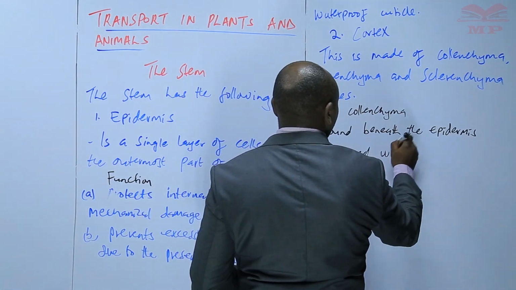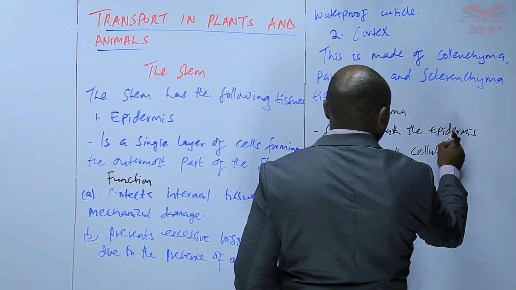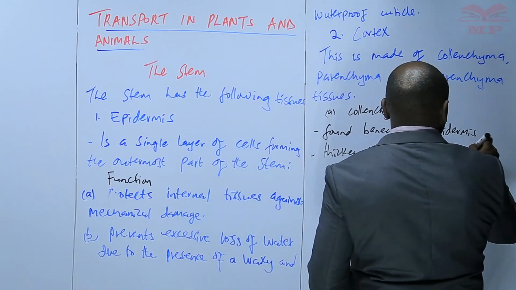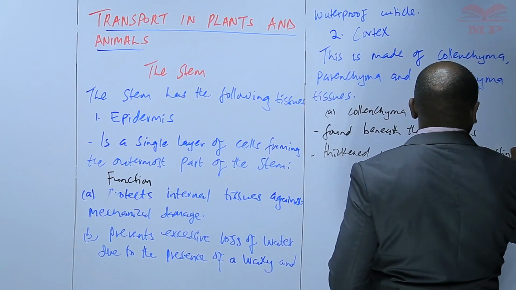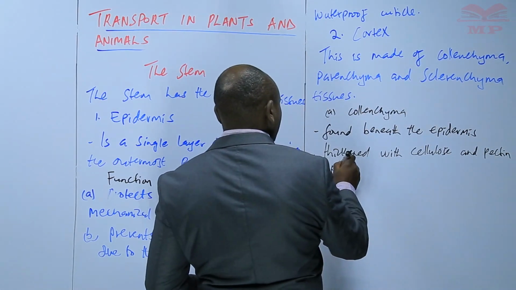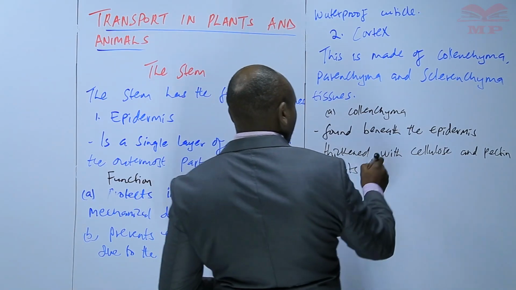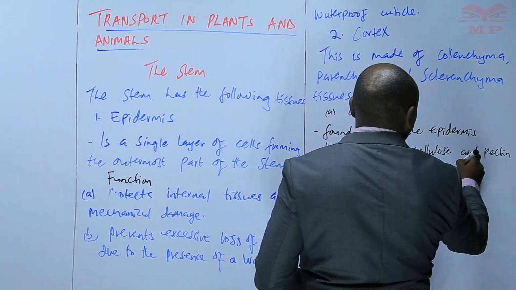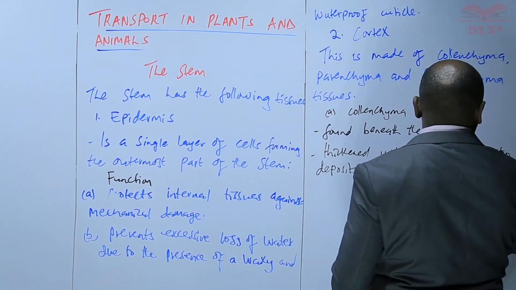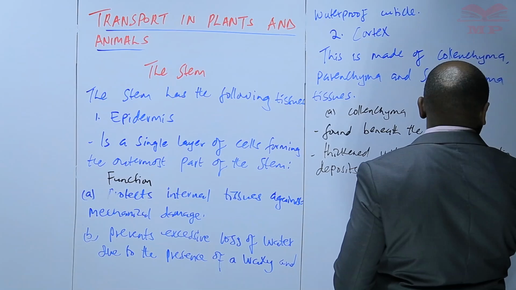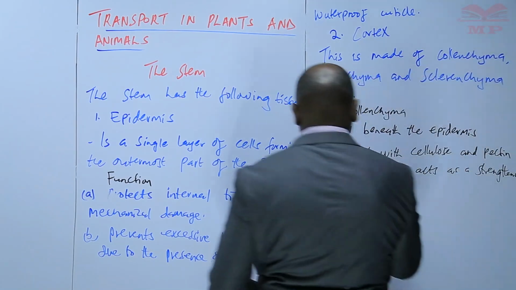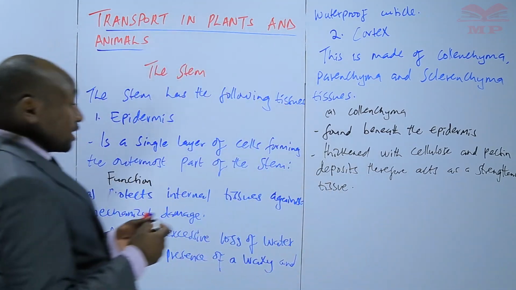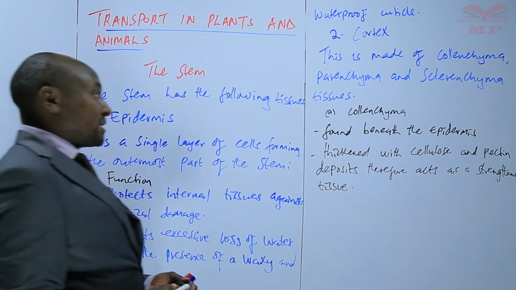Cellulose is a carbohydrate, and pectin deposits, and therefore acts as a strengthening tissue. So that is because the walls are thickened by cellulose and pectin deposits.